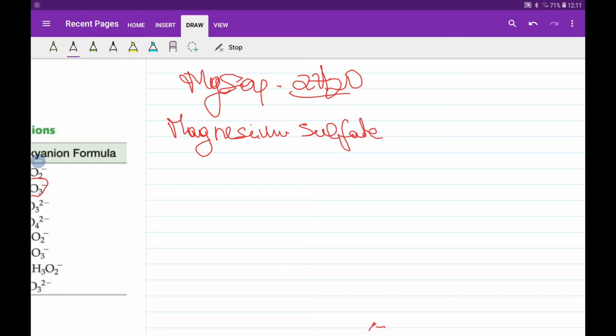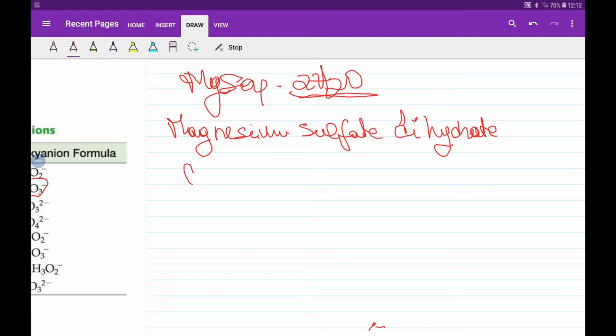But now we need to indicate how many water molecules we have. We're going to use the same prefixes we use to name molecular compounds. So I have 2 of them right here, so that would be di. And water, because those are hydrates, we're just going to call it hydrate. Dihydrate. Okay, so it's magnesium sulfate dihydrate.